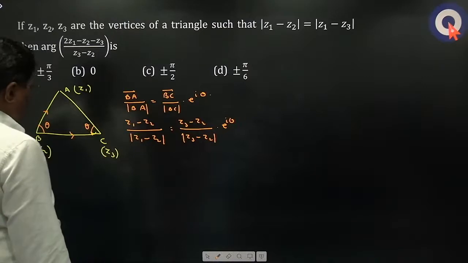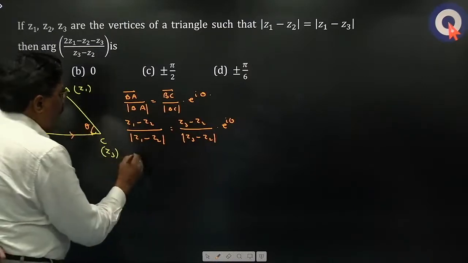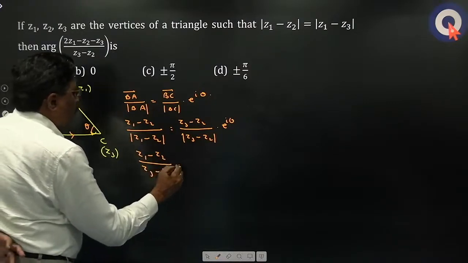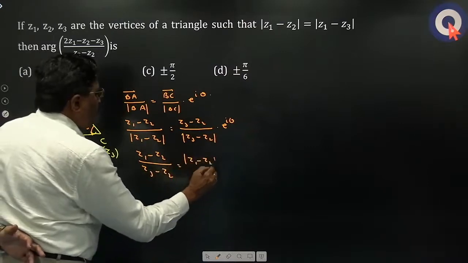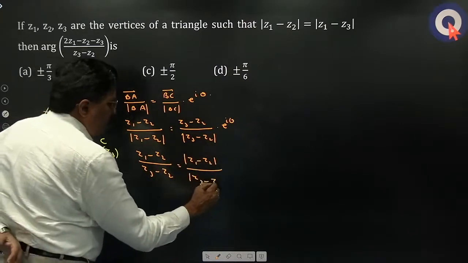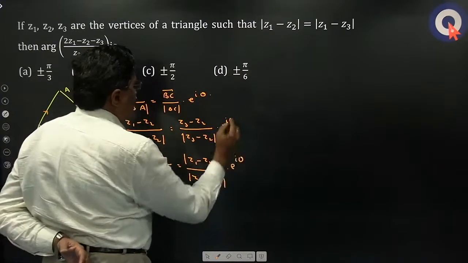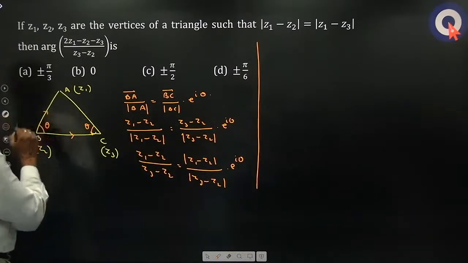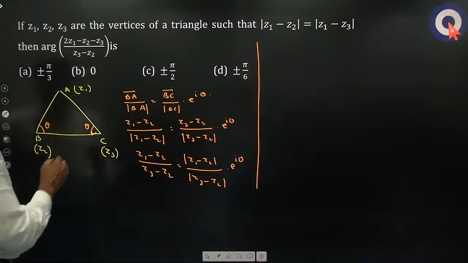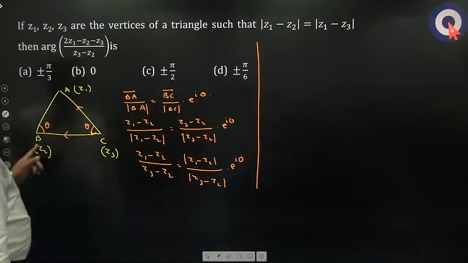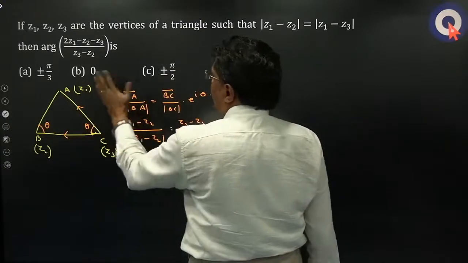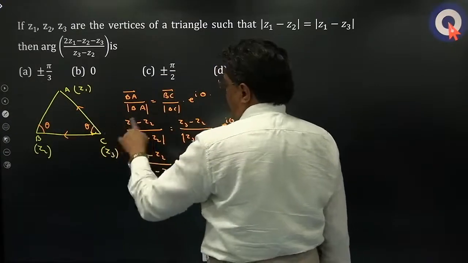Now, we can write Z1 minus Z2 by Z3 minus Z2 is equal to mod of Z1 minus Z2 by mod of Z3 minus Z2 into e to the power of i theta. Let us keep it like this. All right. So now I will consider CB and CA, and CA I will rotate to make it coincide with CB. So the final vector is CB.